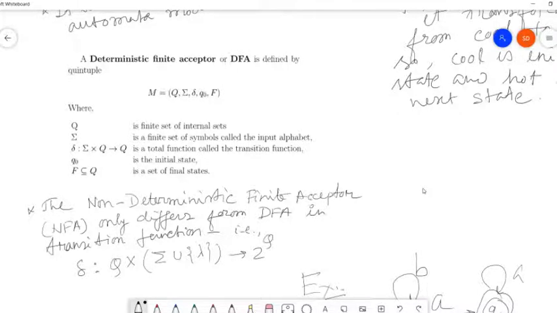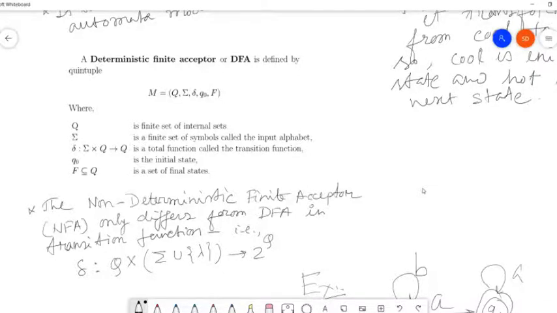Then sigma is the set of all permissible input symbols in a finite acceptor. Delta is the function which I have already talked about, the transition function. It takes two inputs, one from the input symbol set and another from the set of states, and provides a state which is the next state in the sequence.